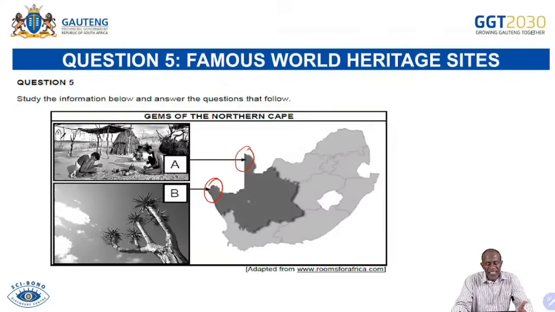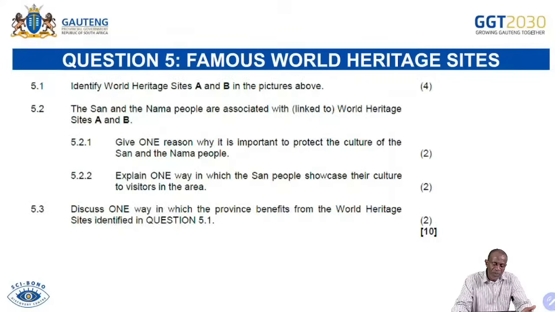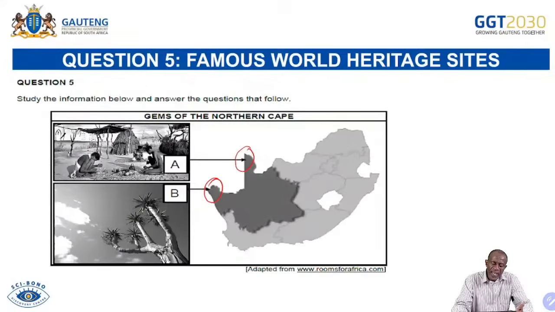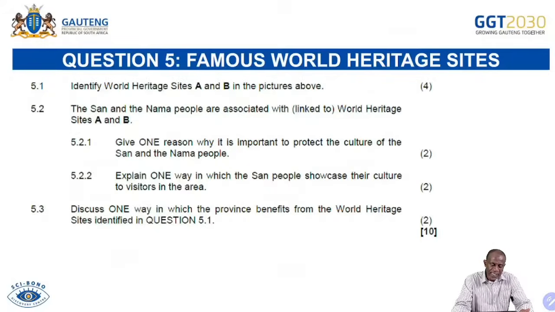I can predict the type of questions that would be asked. It says identify World Heritage Sites A and B, and as you go back to the map, you can see that World Heritage Site number A is the Khomani Cultural Landscape, and number B is the Richtersveld Botanical Gardens.